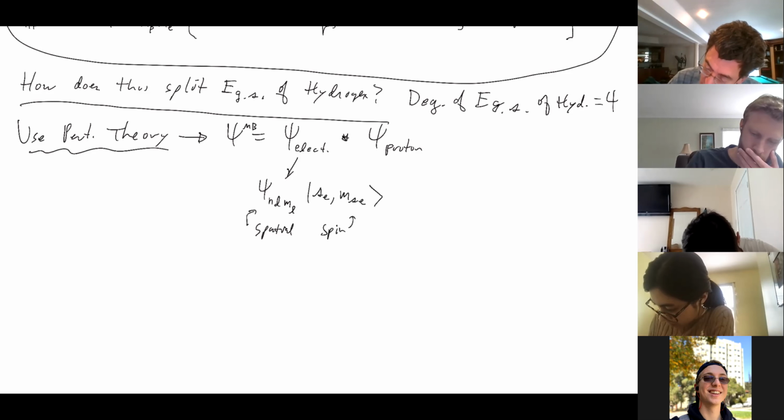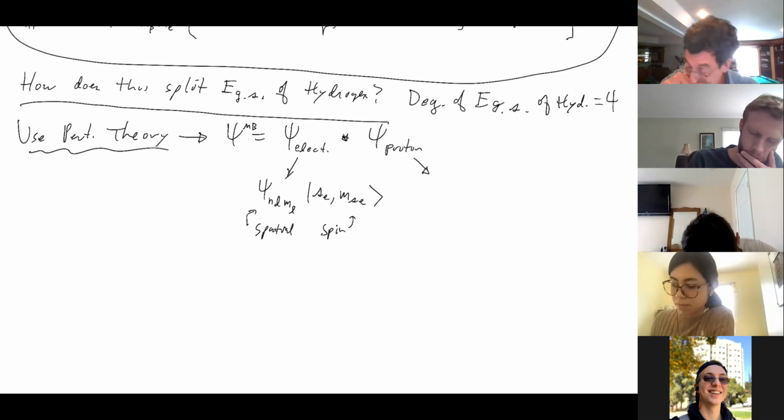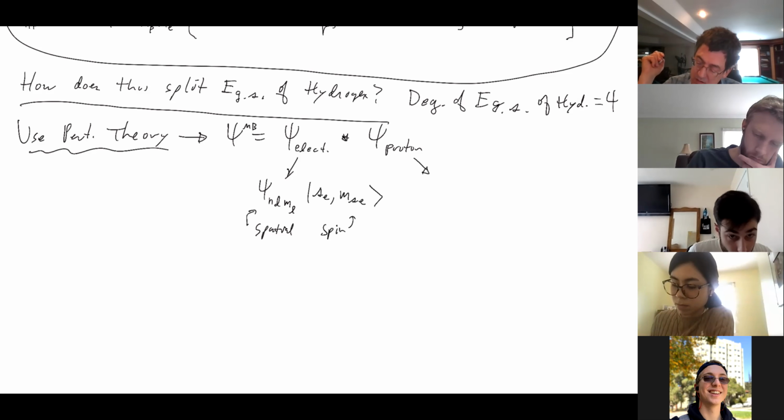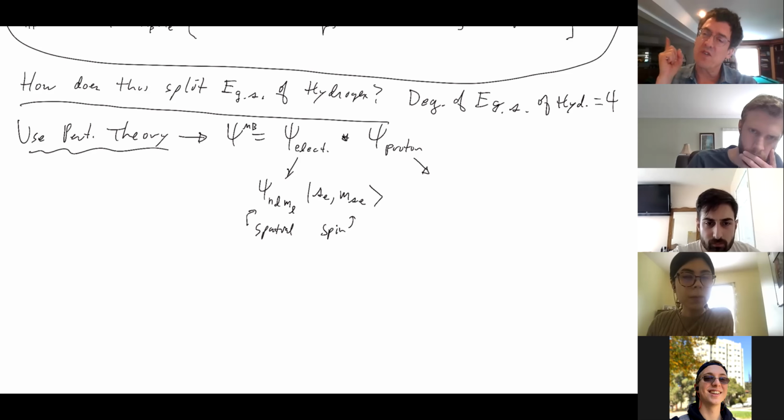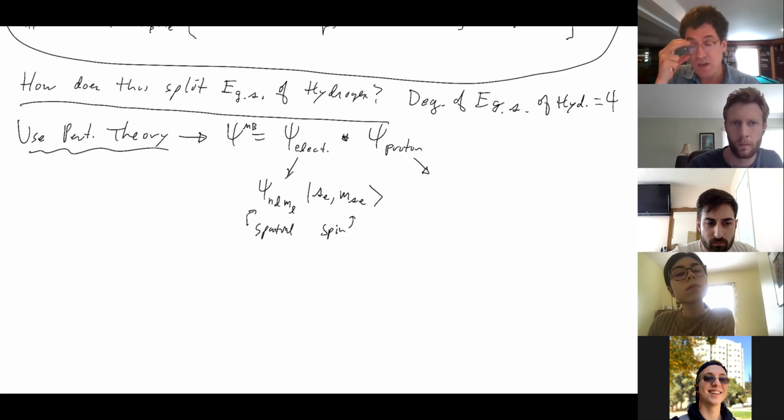And now I'll ask you, what's the wave function of the proton? Somebody tell me. Well, here I'll ask you a first question. Do we have to worry about the spatial part of the wave function of the proton? Yes or no?